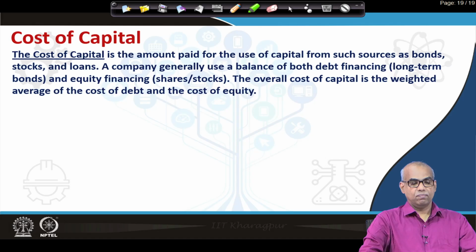The cost of capital is the amount paid for the use of capital from such sources as bonds, shares or stocks and loans. So, a company raises funds from such sources. They issue bonds, they issue shares and receive or accumulate money from the general public. A company can also take loans from lenders. Now, a company generally uses a balance of both debt financing and equity financing.